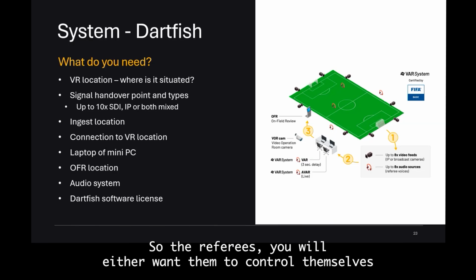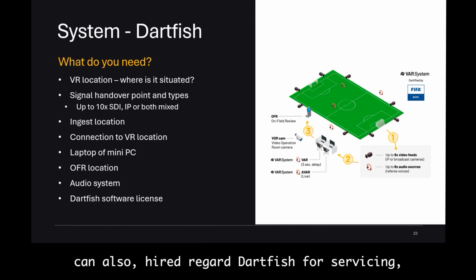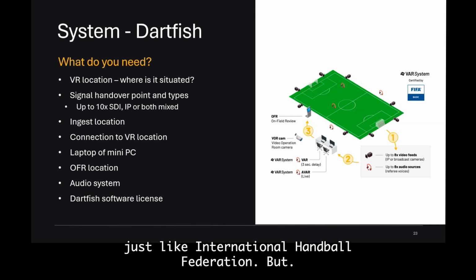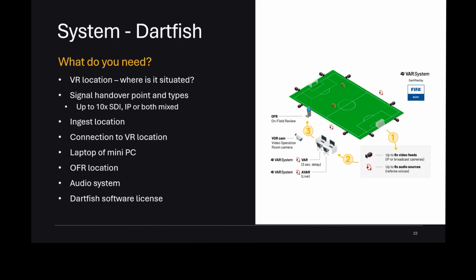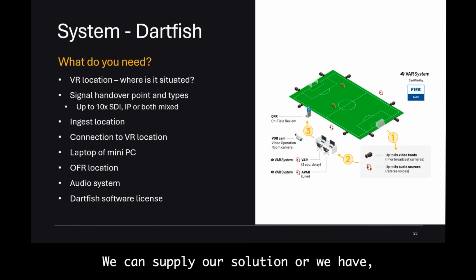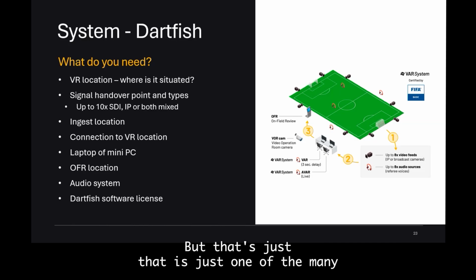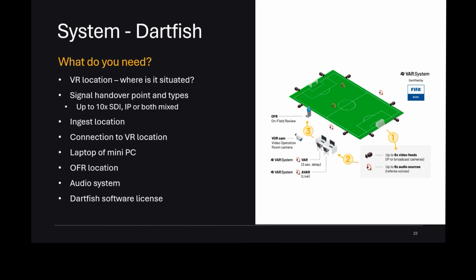The referees, you will either want them to control themselves, as with the touchscreen I showed, or you can also hire Dartfish for servicing, just like the International Handball Federation did. The audio system, we can ingest different ones. We can supply our solution, or we have successful integration of Vogo, for example. But that is just one of the many.